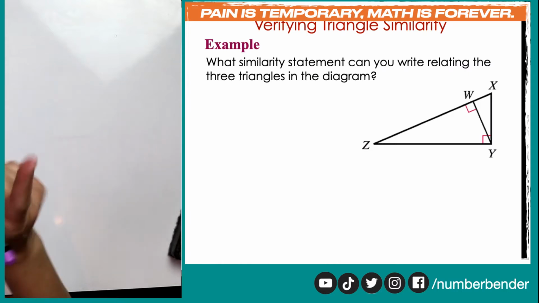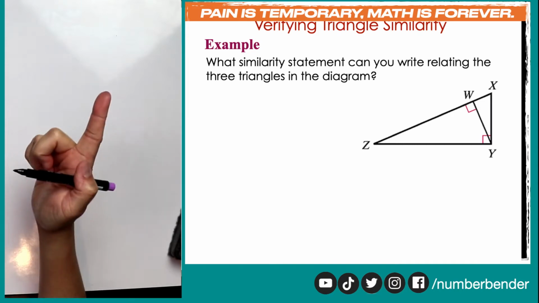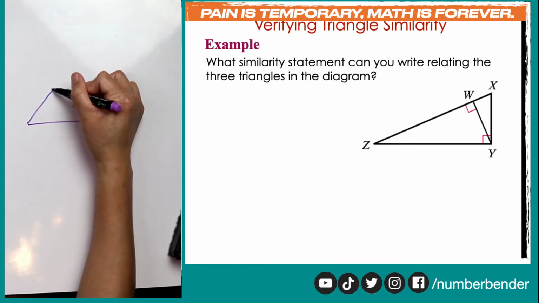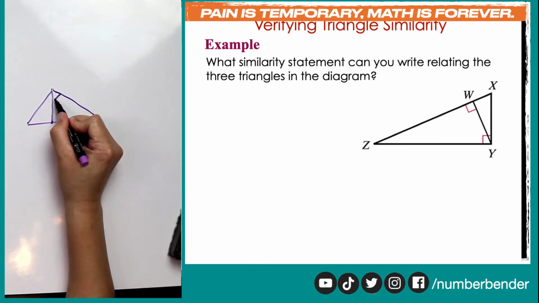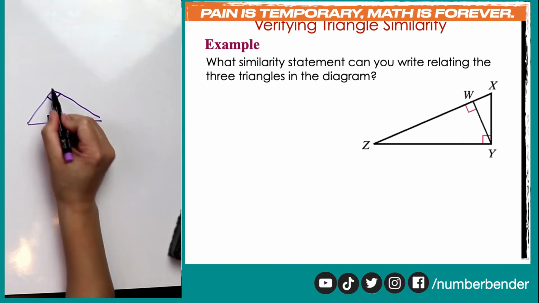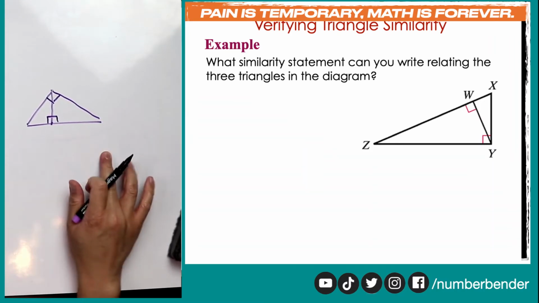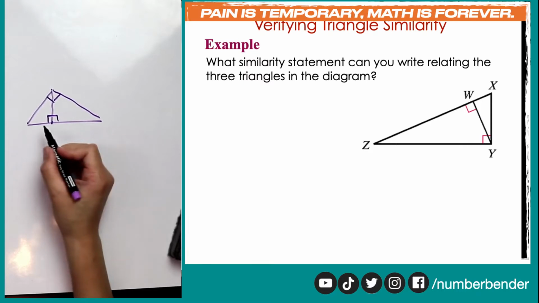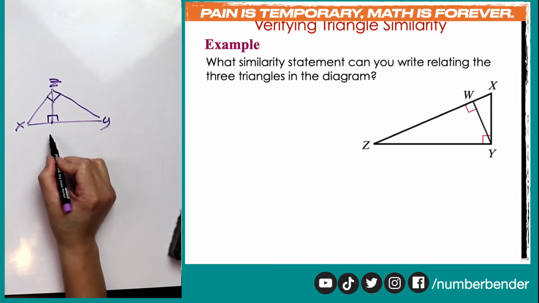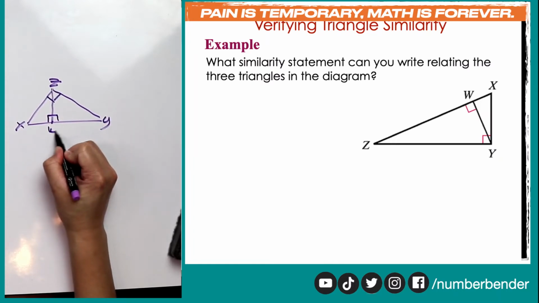So if you're seeing triangle XYZ that is positioned this way, if I draw my right triangle similar to this triangle this way, we know that this is a right triangle and this is the line segment that is perpendicular to our right triangle, or the altitude of our right triangle, and this is triangle XYZ. The height is represented by ZW.